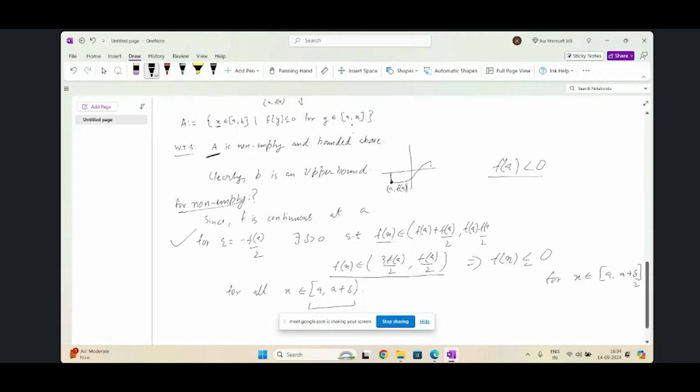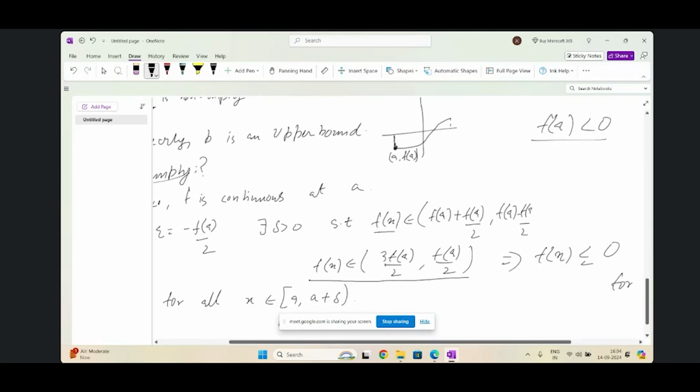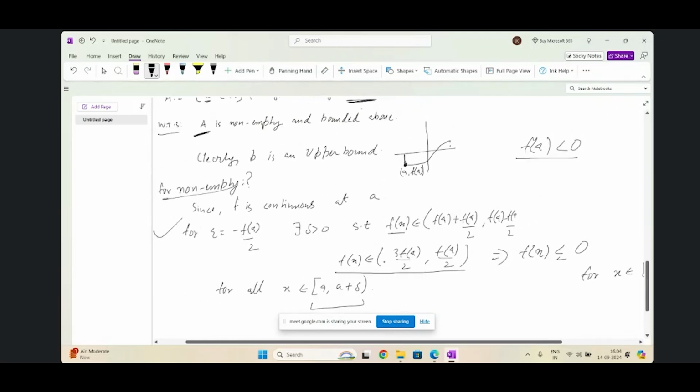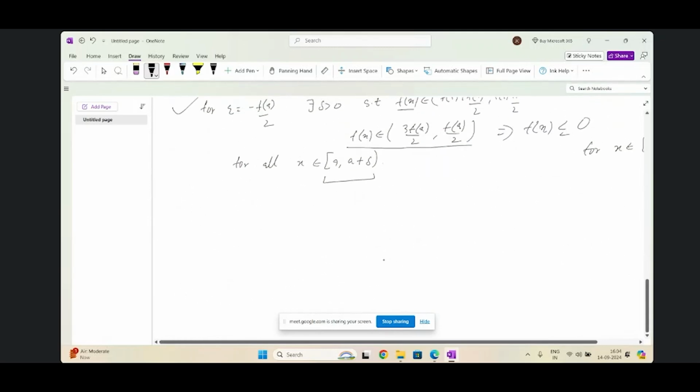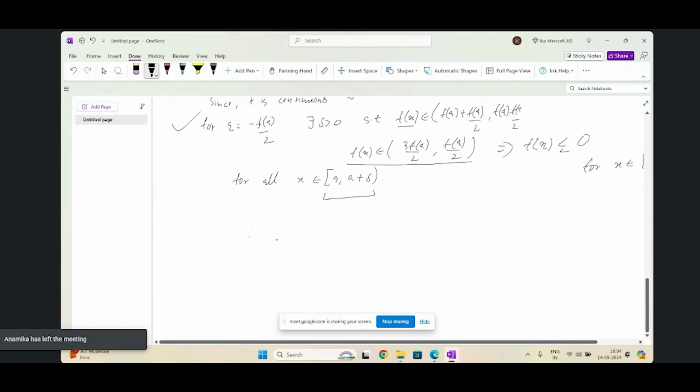Now here we have the closed interval, right? So for x equal to a plus delta by 2 we have this condition. Therefore I can say a plus delta by 2 belongs to A. So this implies A is non-empty.